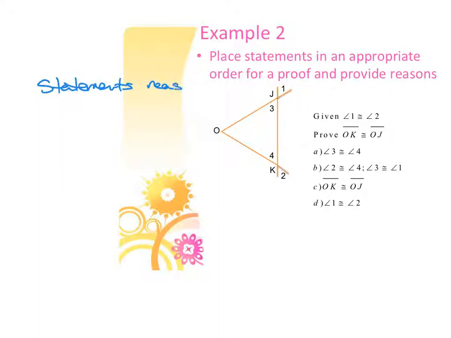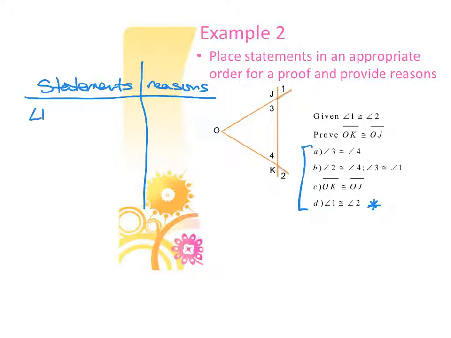Statements, reasons. Out of these 4 things, I'm going to look for which one is my given. And you can see that that's going to be the last one. So you're going to state that angle 1 is congruent to angle 2, and that was given to us. Next thing that I can tell from my picture is going to be this one right here, and these are vertical angles.